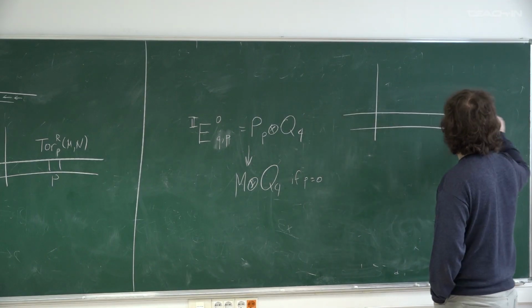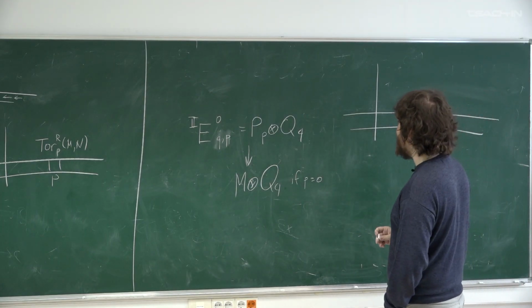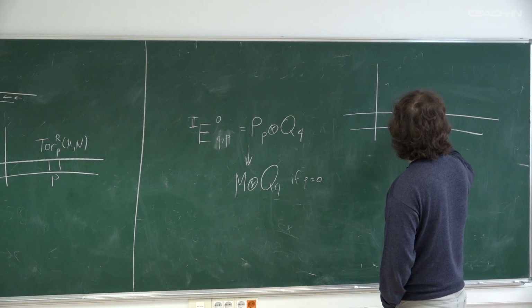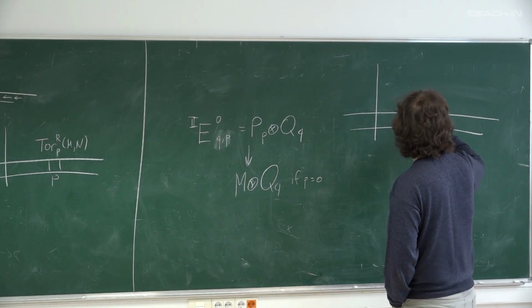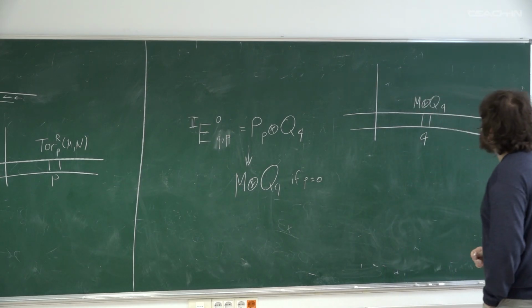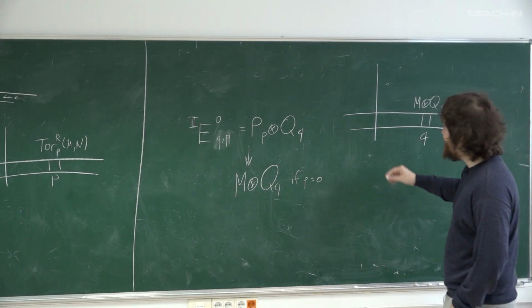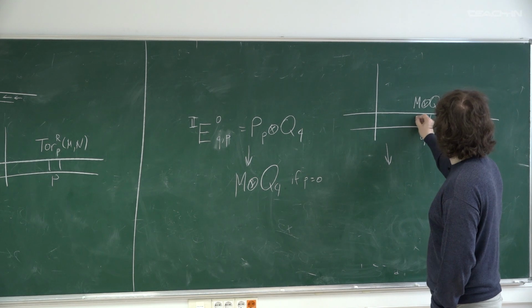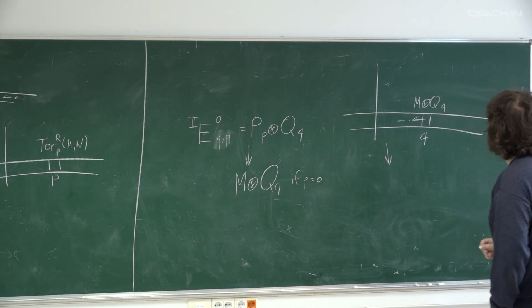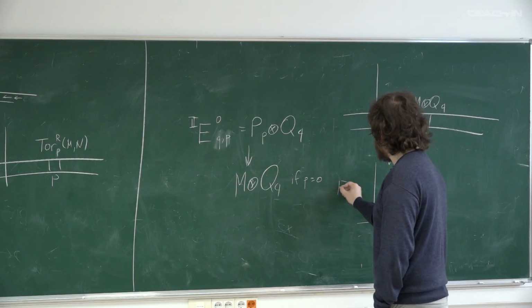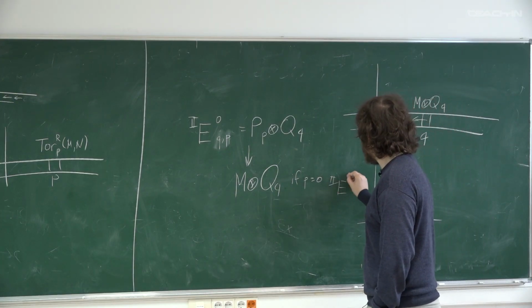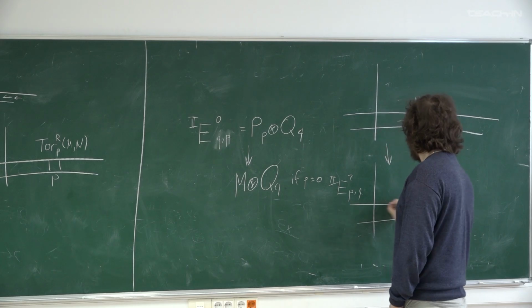So again I have m tensor q. This is q. And again, on the second page, I calculate these differentials, and I obtain the second page of this spectral sequence.